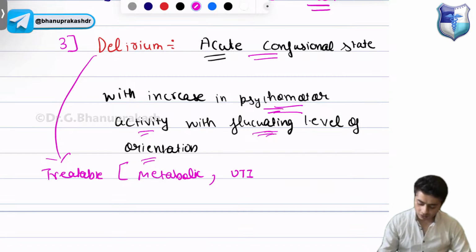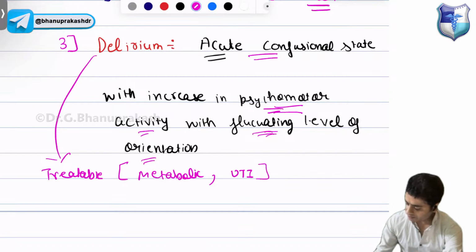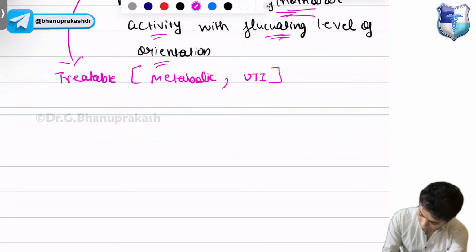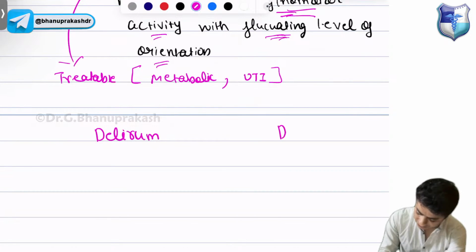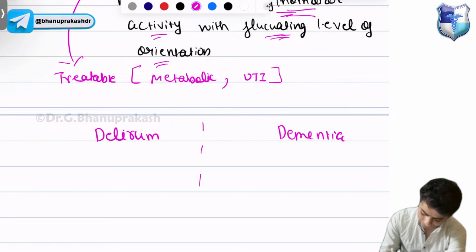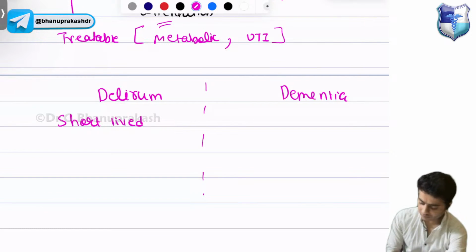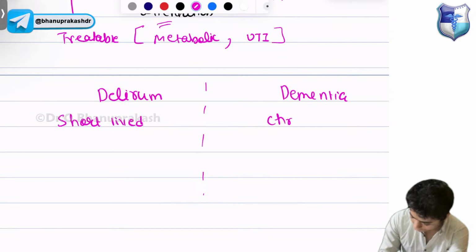Okay, so metabolic causes and UTI are mostly treatable. Delirium versus dementia. Delirium is short-lived. Dementia is chronic.